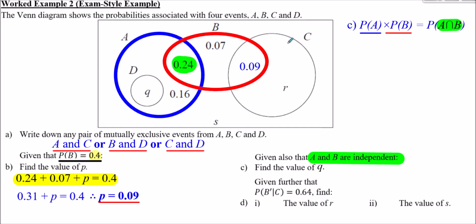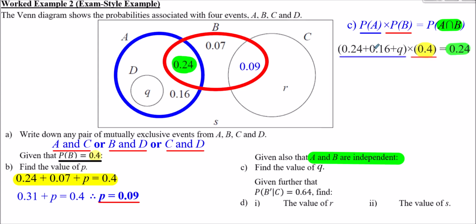So probability of A is going to be 0.24 plus 0.16 plus Q, because these 3 things are contained within A. The probability of B, sure, we could add up these 3 values, that will work, but we're missing a slight trick. We were told earlier the probability of B was 0.4, and the intersection, A intersecting with B, is 0.24, because this value is the only one in the overlapping region where the blue A and red B overlap.